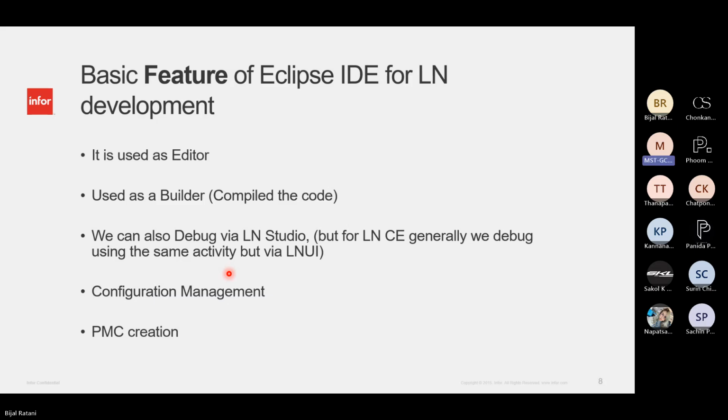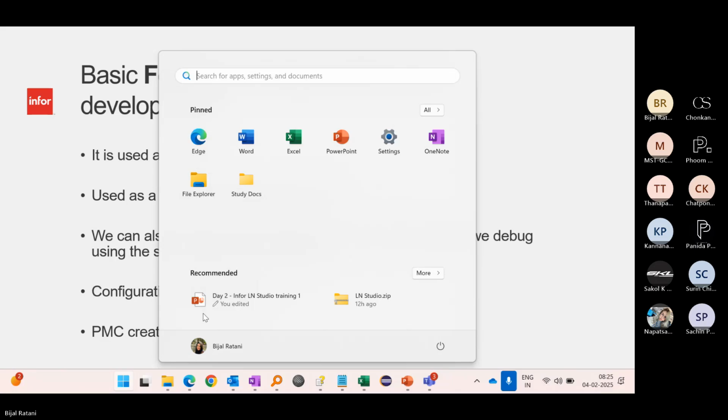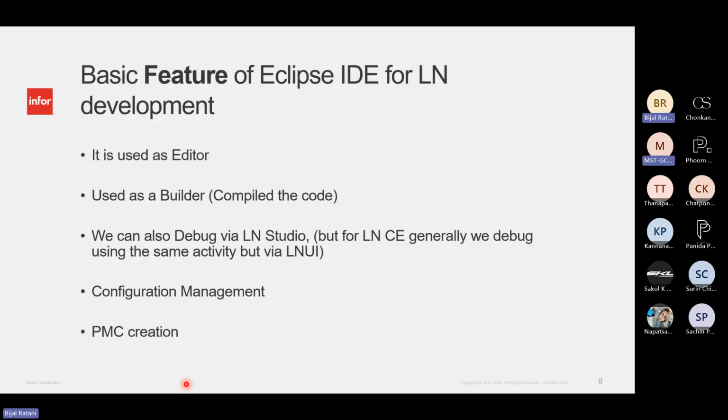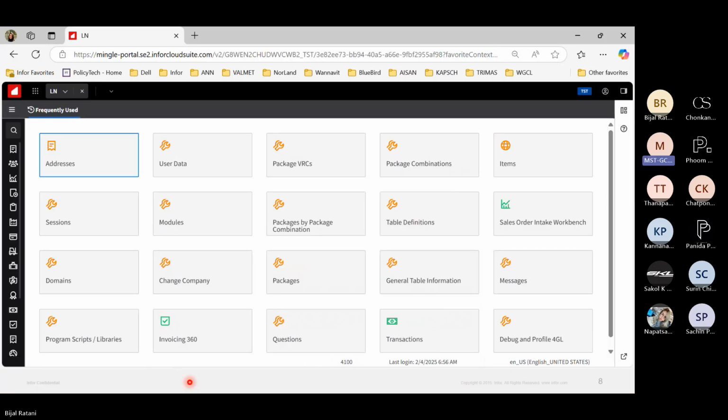Why do we use LN Studio and why do we use LNUI? I understand that everything can be debugged with LN Studio. We can debug with LN Studio, but generally at Infor, we developers have a practice of debugging through LNUI. It is much easier. It is very easy.